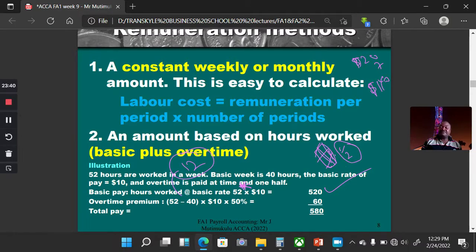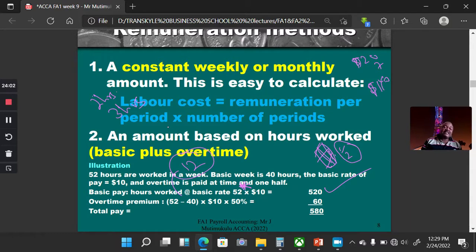So let's say your normal hours are 2 hours in a day, but you worked 3 hours, and overtime is paid at time and a half.